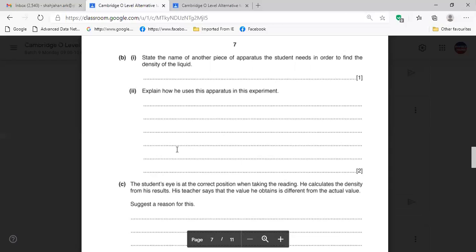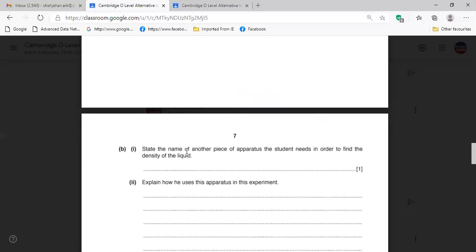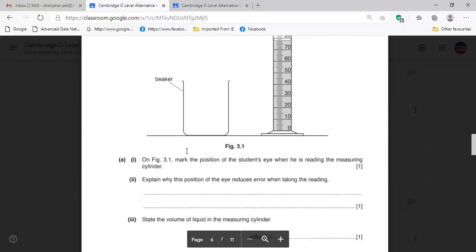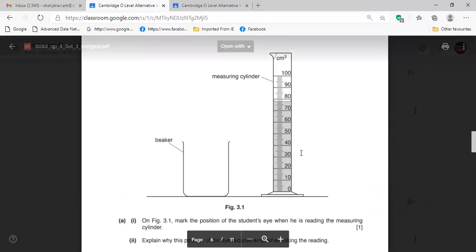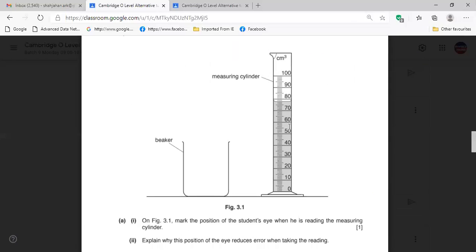So just make it reverse. The one you said, you make reverse, and you mention that as we already have water, we should remove this water to get the mass of only the measuring cylinder. We can do that by keeping this water in this beaker. The beaker is there, right? So what is the use of this beaker? To keep this water over there.